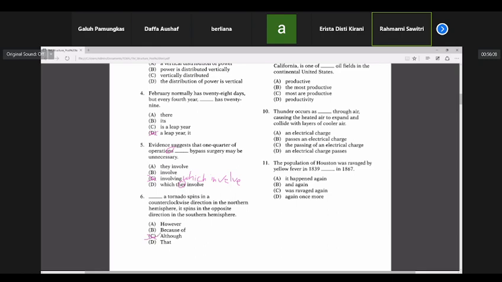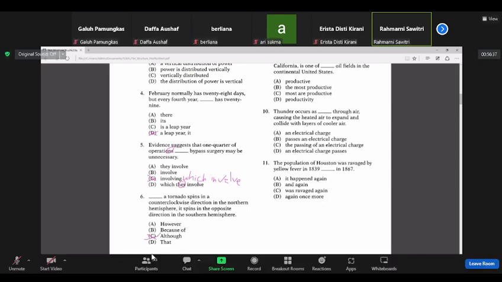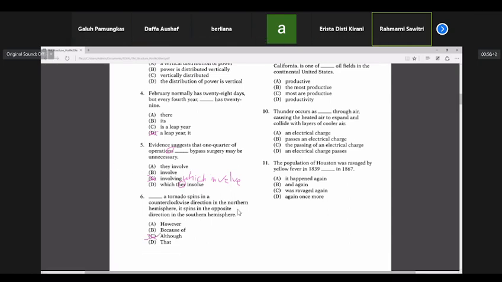If however is put at the beginning of a sentence, then we must have another sentence before, a previous one, because the function of however is that it connects two clauses. Well, B is incorrect because it's a preposition. What we need here is a connector, not a preposition, because we have two clauses. And then for D, it is not the right connector for this context.